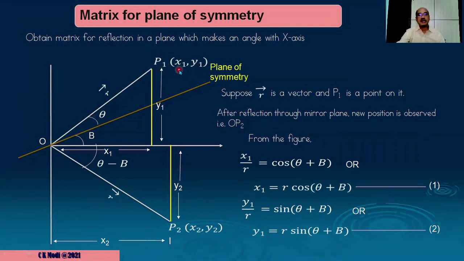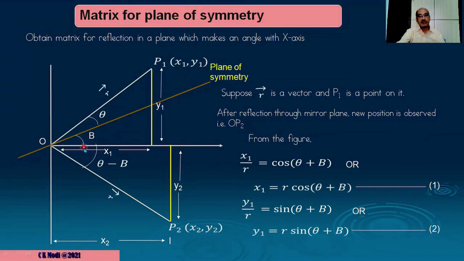If we put a mirror plane in such a way that it makes an angle B with the x-axis, this line represents the mirror plane.